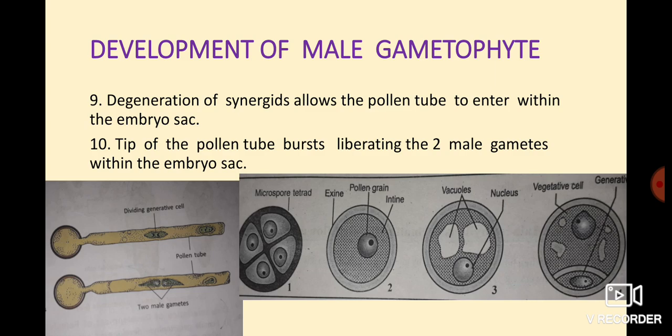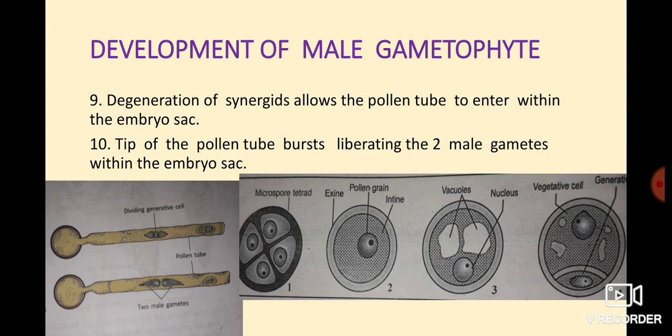Anyhow, the male gamete has to transfer from the specific portion, come from the pollen tube, come down through that pollen tube, pierce the nucellus tissue of the integuments of the ovary, and then come in contact with the gametes, or you can say the embryo sac.